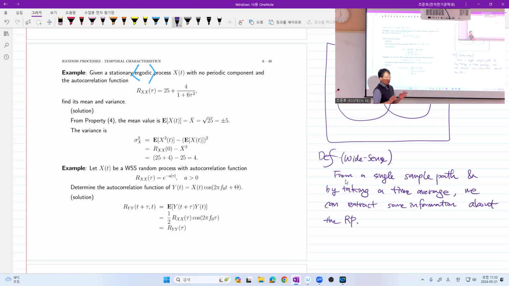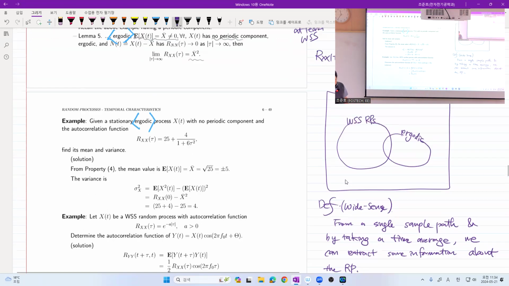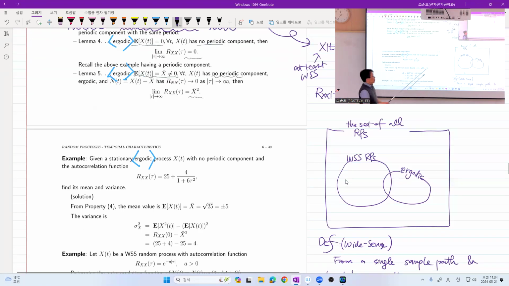So, not just because of this mathematical rigor, but also people have found that they need to define some subset like this, where some interesting property holds that links a single sample path and the entire ensemble.